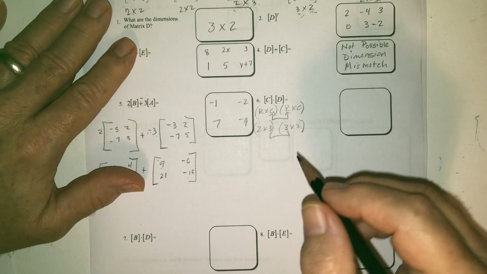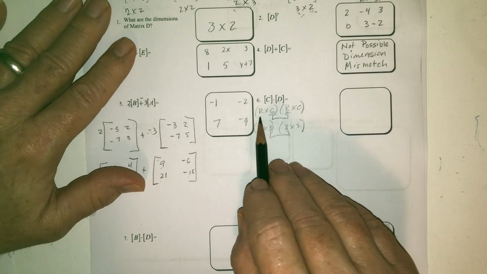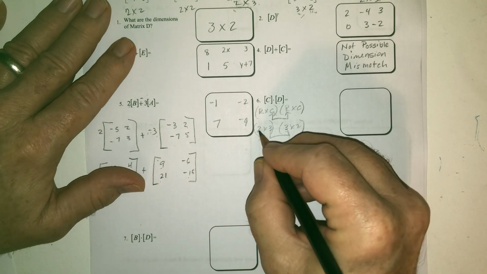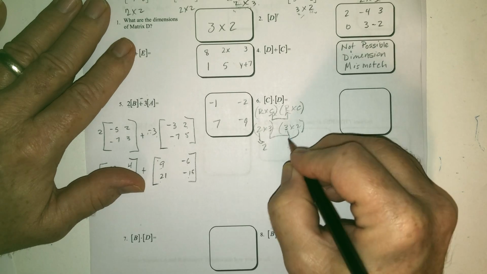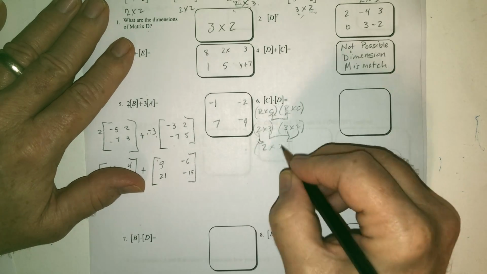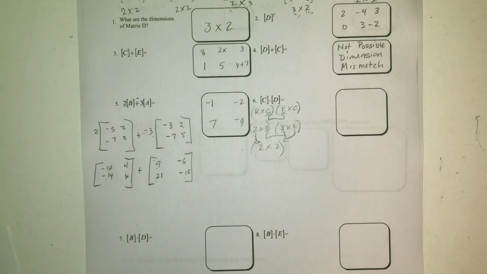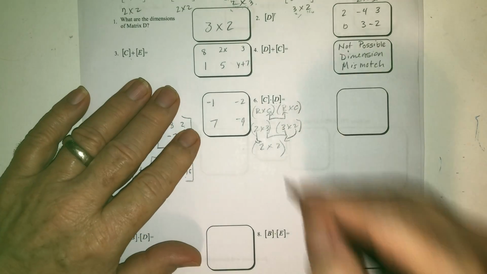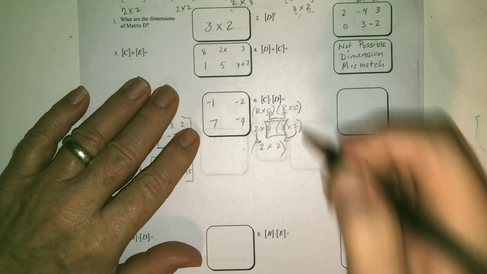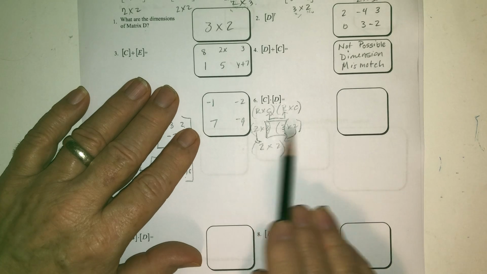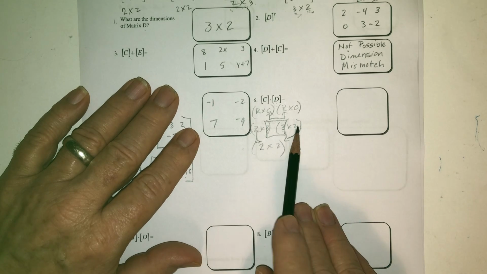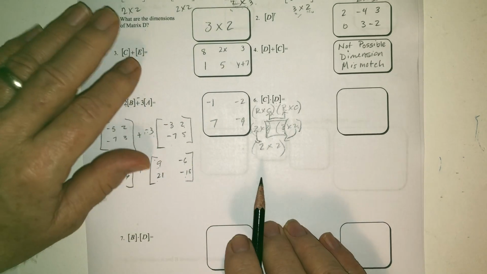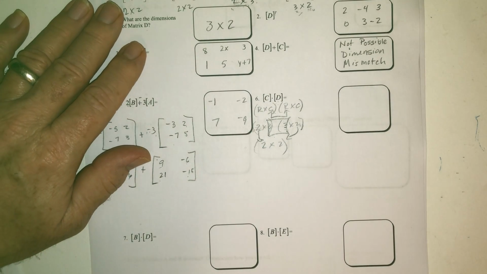When you multiply that, you're going to end up with a 2 by 2. These have to be the same right here. If they're the same, you can do the multiplication, and your result is going to be whatever this is by whatever that is.